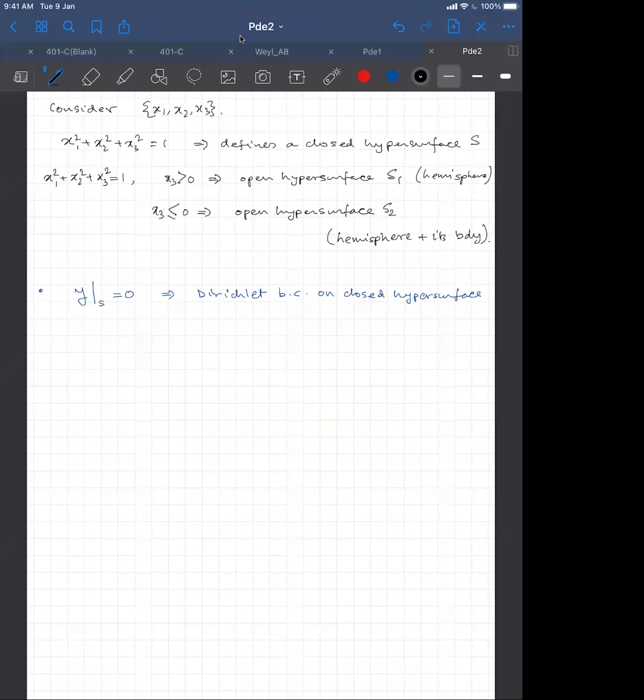Because we don't want to be repeating y's, right? My y is my dependent variable.